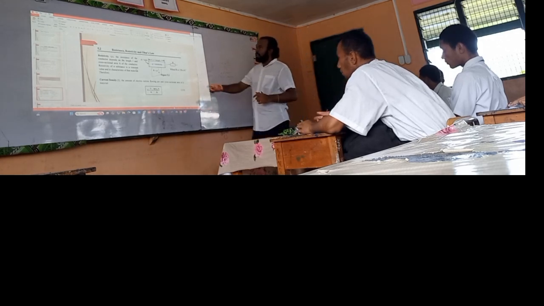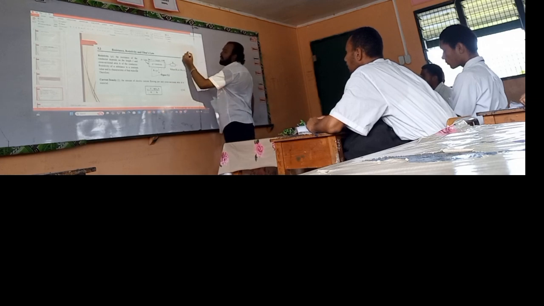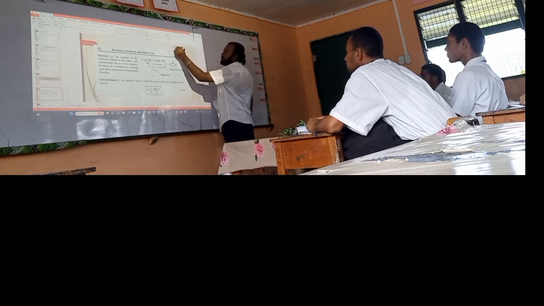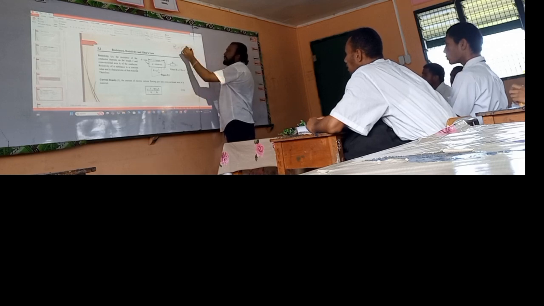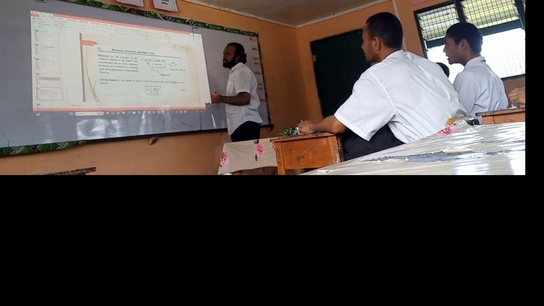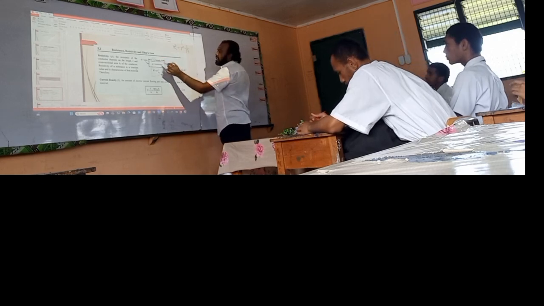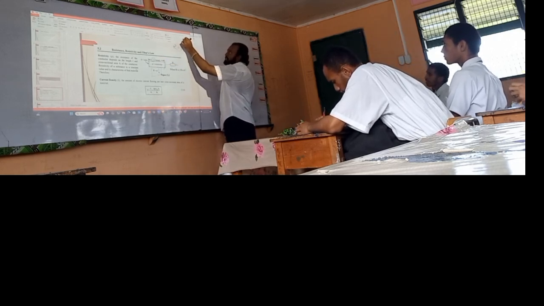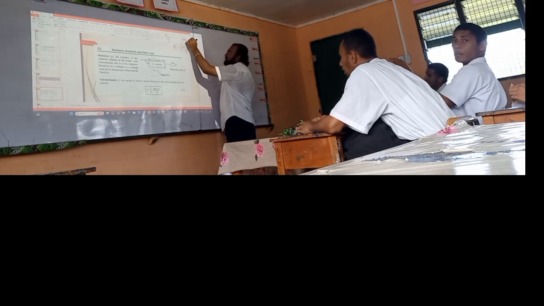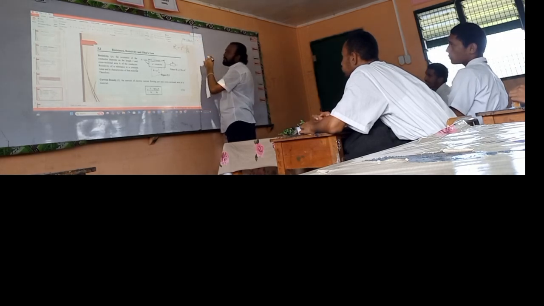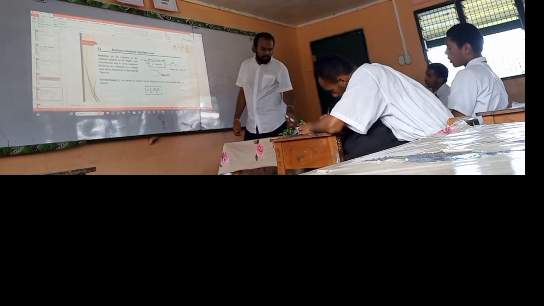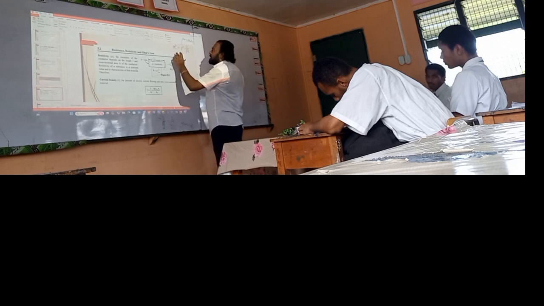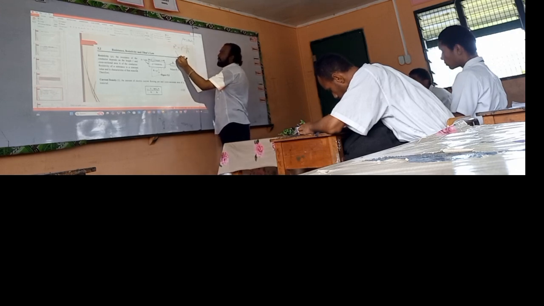And for this formula, R equals V over I, which is rho L over A. So this is your resistance. The big R is your resistance.